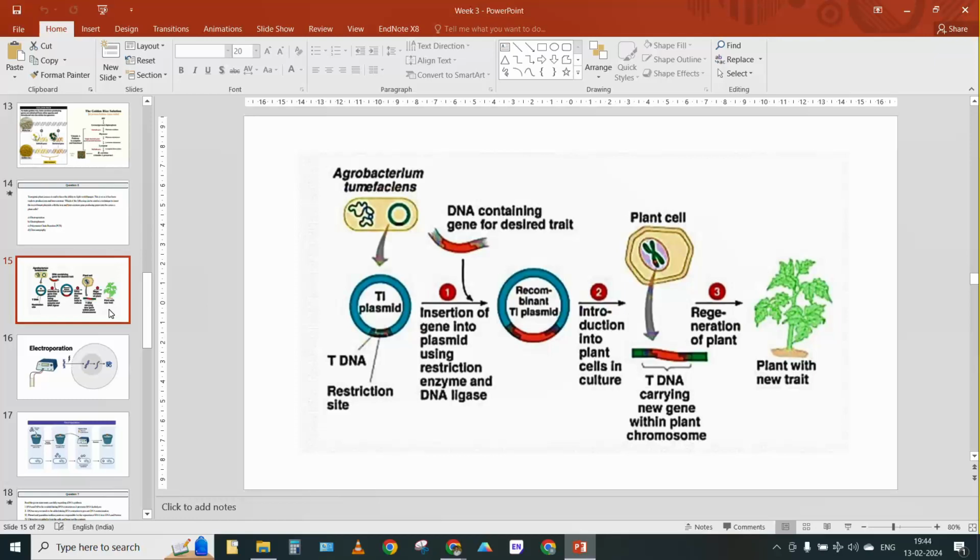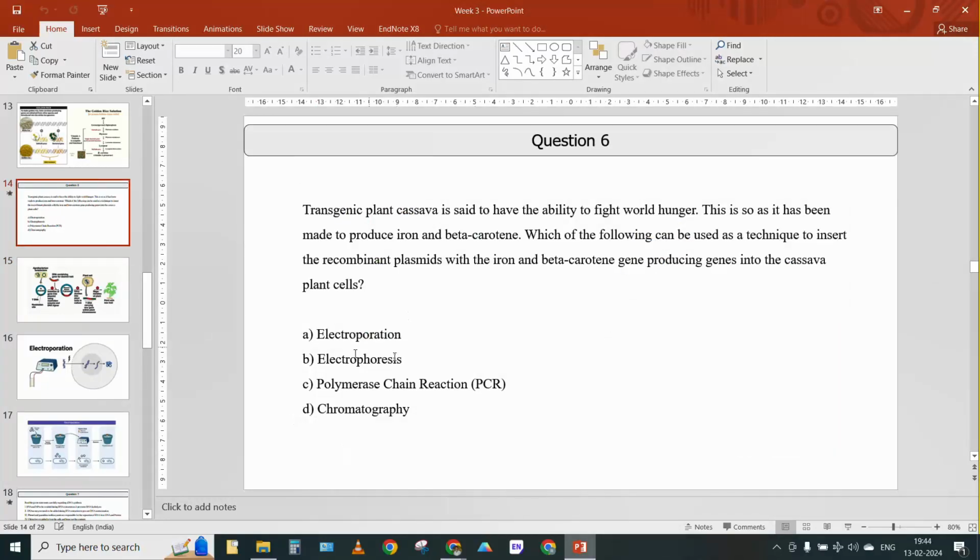One more thing in these options: the professor should have included the agrobacterium mediated transformation. Then we should have selected electroporation and agrobacterium mediated transformation; both were the correct answers. As he has not included it, we have to select the electroporation technique only.